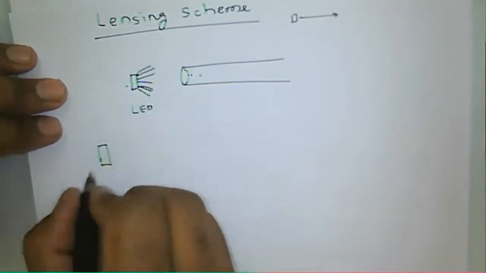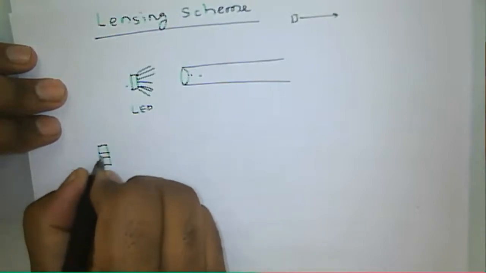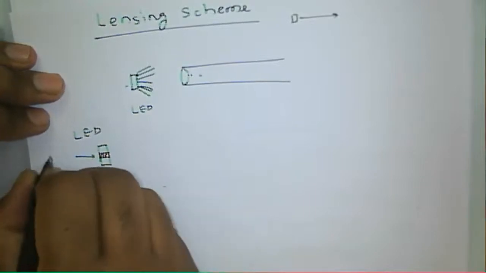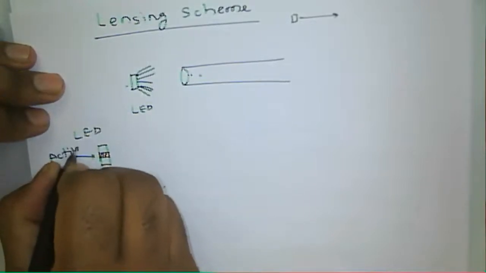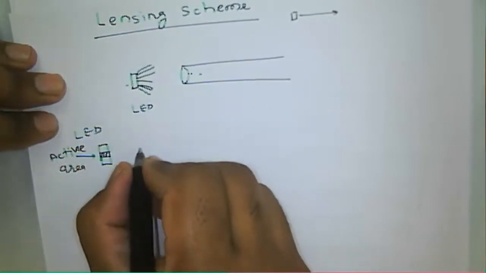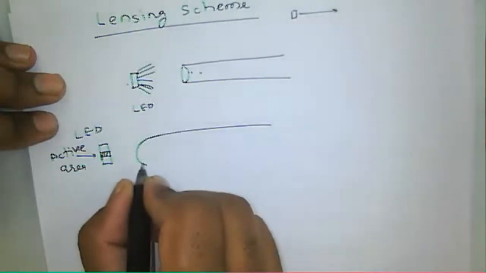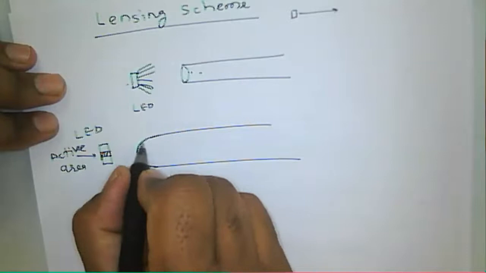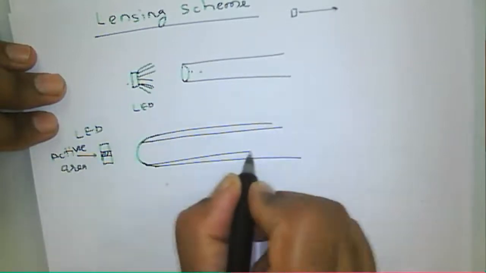So this one is the light emitting diode, and it has an active area. Now we can use a fiber that has a rounded shape end.